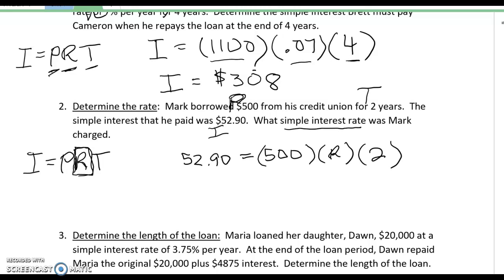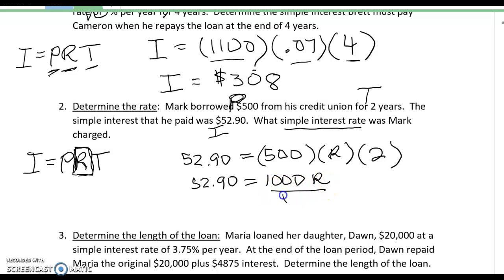After we plug those numbers in their respective spots in the equation, you're going to see that we need to simplify the right side before we start solving for R. We're looking for the interest rate. It's going to take 500 times 2 to make it 1,000 times R. And we're solving for R, so I'm going to get rid of this 1,000.